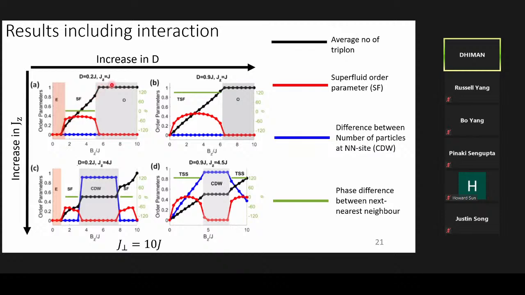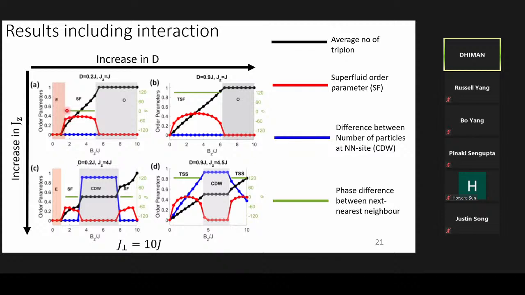After a finite magnetic field, the number of triplons per site is 1 at every site, so it is saturated and all sites are completely filled. In between these 2 regimes, empty and fully occupied, we have a superfluid phase, because this red line denotes the superfluid order parameter, which I had discussed before.